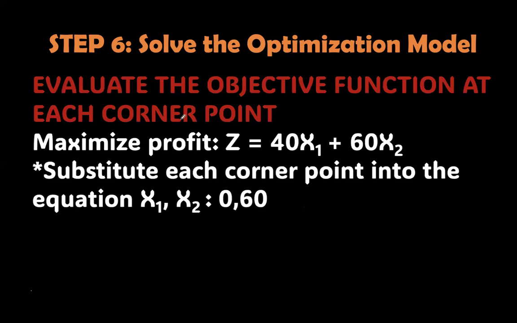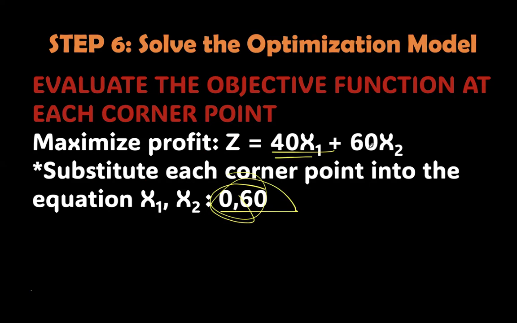Evaluate the objective function at each corner point. You have to evaluate using the maximization profit formula. Given that you will use this feasible region, you have to evaluate each case.